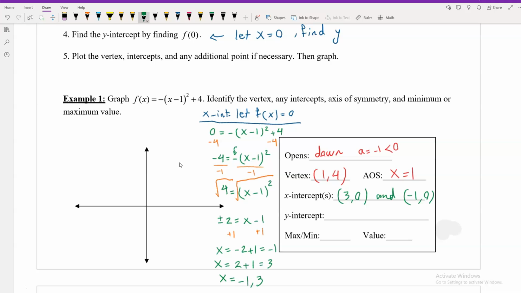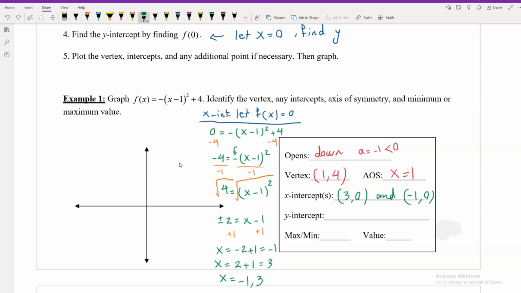We're going to have 4 equal to (x minus 1) squared. Now we have to eliminate this power. Because of having the 2, we have to use the square root on both sides. So the square root of (x minus 1) squared is x minus 1, and the square root of 4 is negative 2 or positive 2.